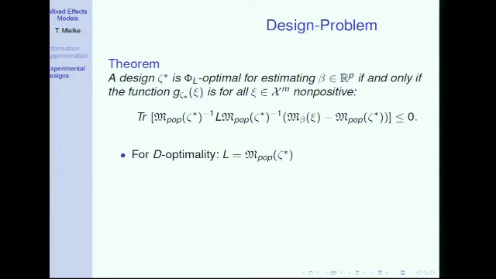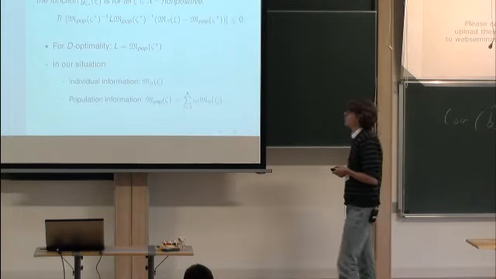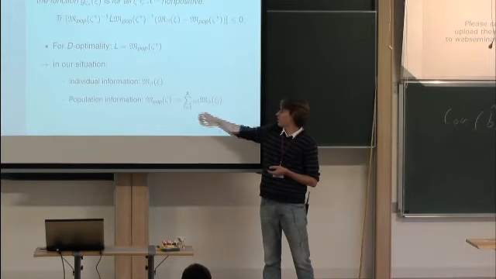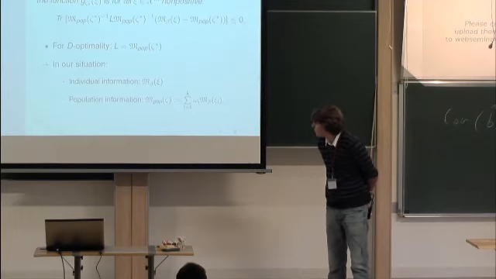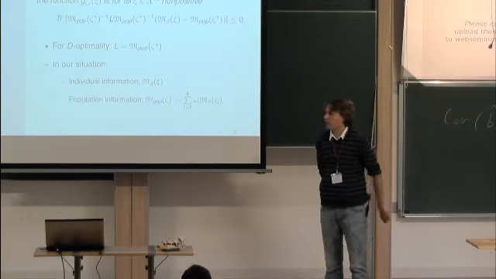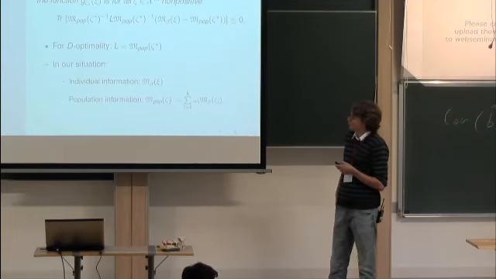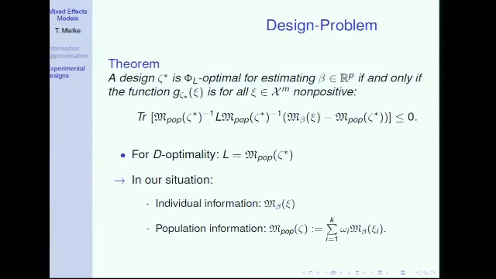For d-optimality it is the same thing, just with L then equal to the inverse of the population information, which is here nothing more than the sum over the individual information matrices, as the observations of different individuals are independent. So if this sensitivity function is smaller than 0 for all individual designs C, then the design theta star is optimal.